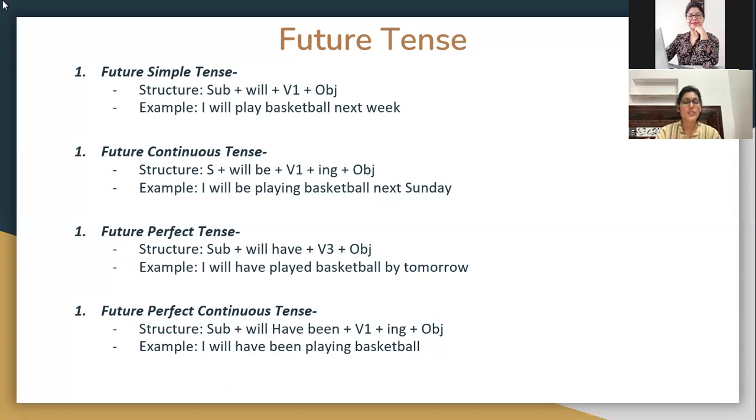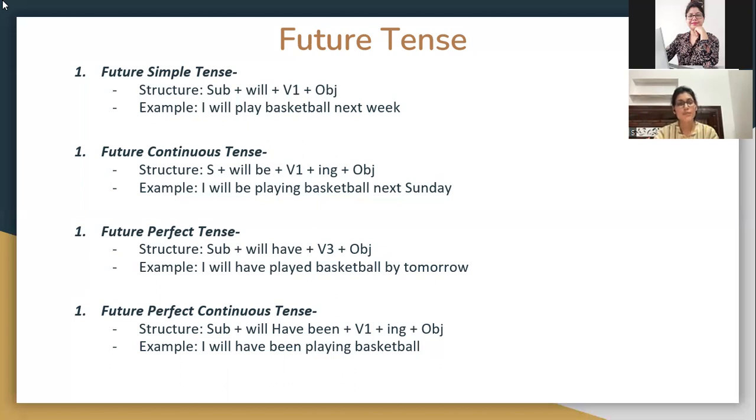Future continuous tense. We use future continuous tense when the work starts in the future and is still running in the future.